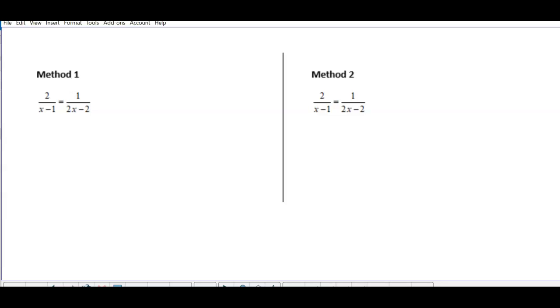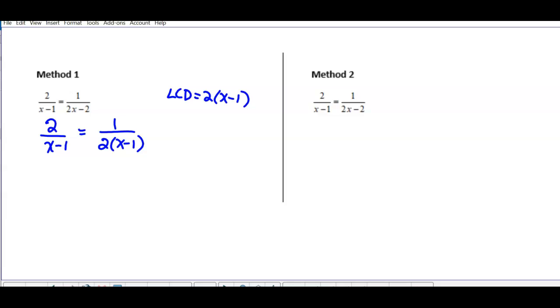2 is common. Okay, so 2 times x minus 1 is the lowest common denominator.